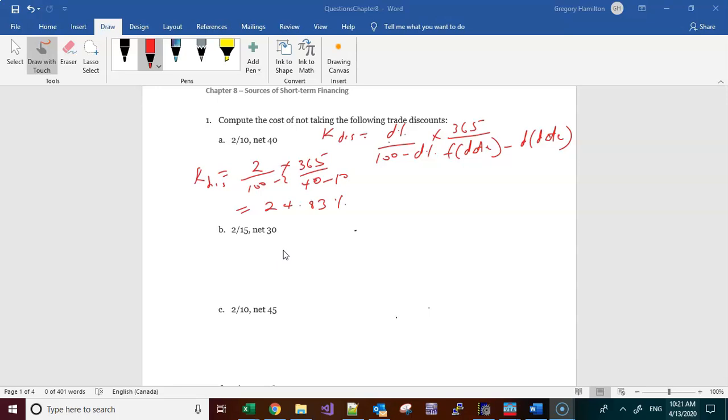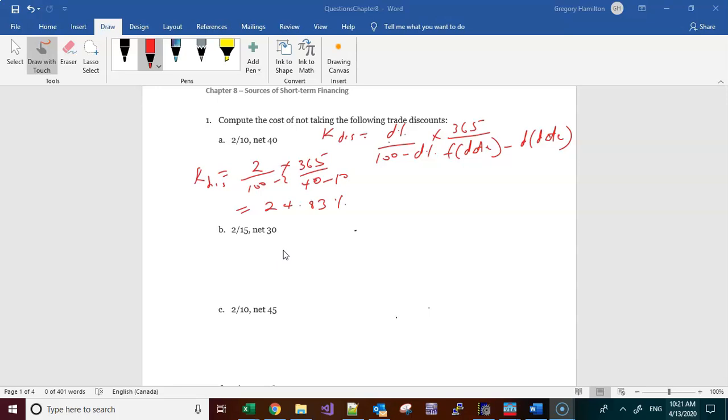So K is found by taking B, which is the discount percent, divided by 100 minus the discount percent, multiplied by 365, and divided by F, which represents the final date, minus D, which represents the discount date. So in effect, the period of the loan will be the final date minus the discount date.